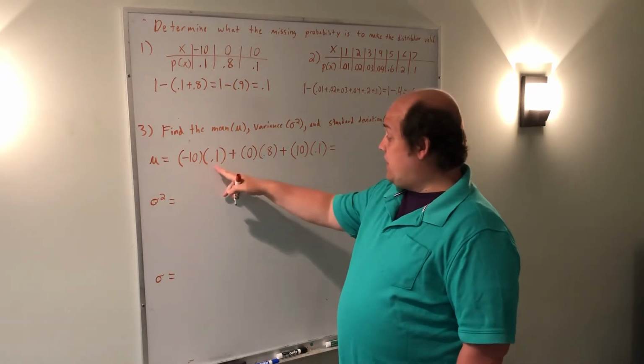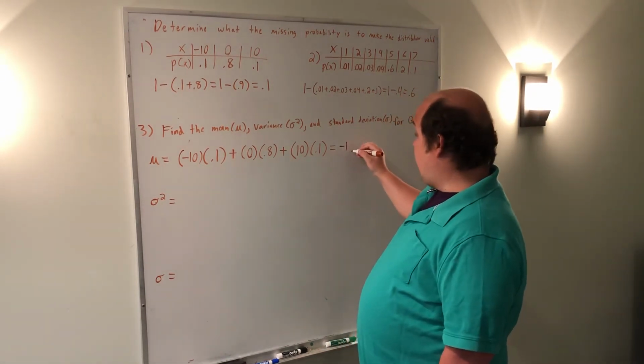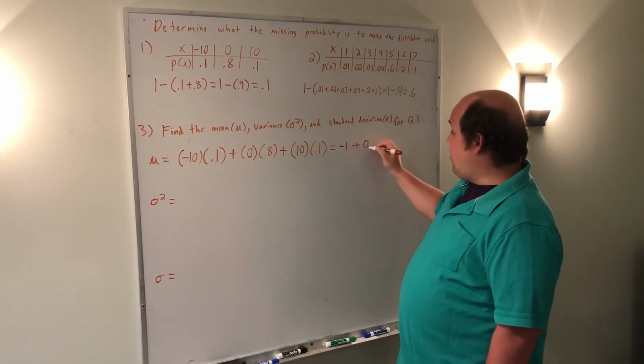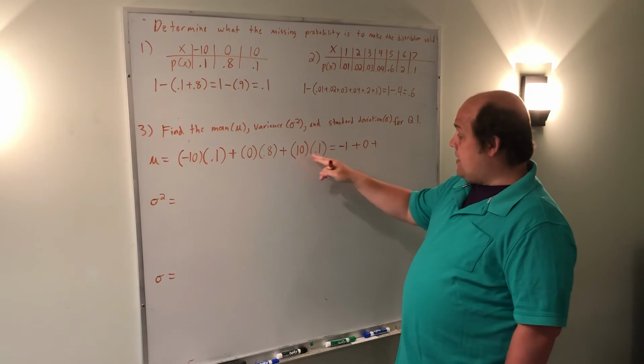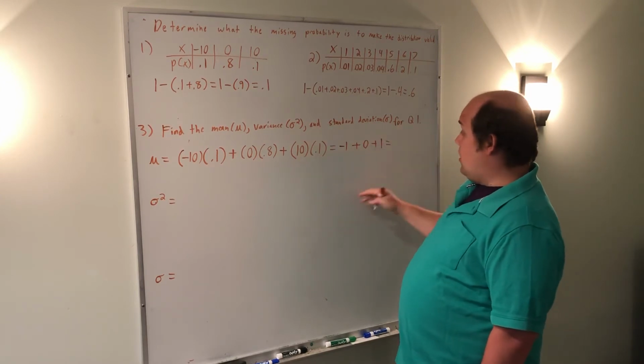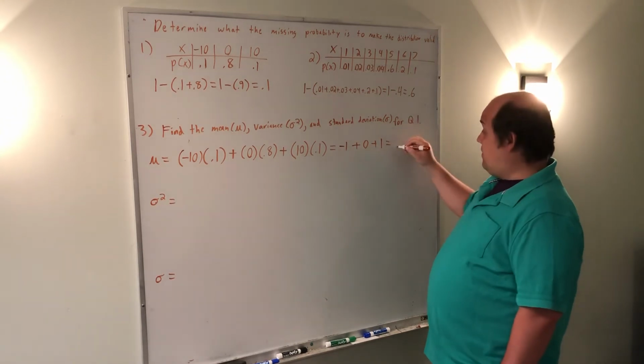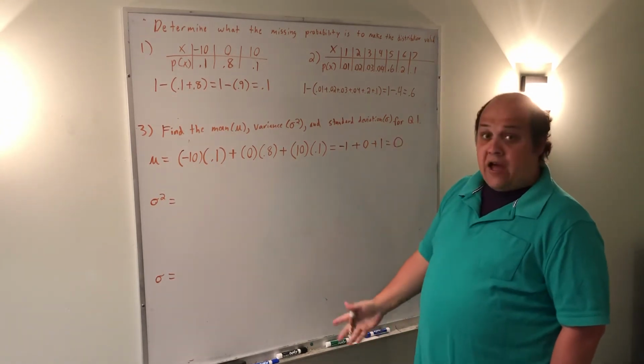When I do negative 10 times 0.1, I get negative 1. When I do 0 times 0.8, I get 0. And when I do 10 times 0.1, I get 1. When I add these together, negative 1 plus 0 plus 1 gives me 0. That's a fine mean.